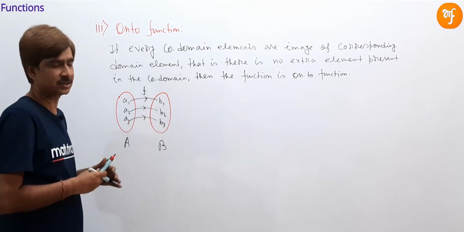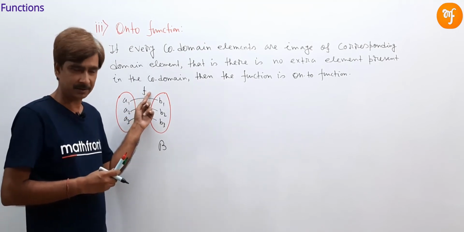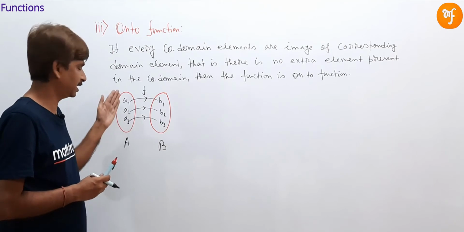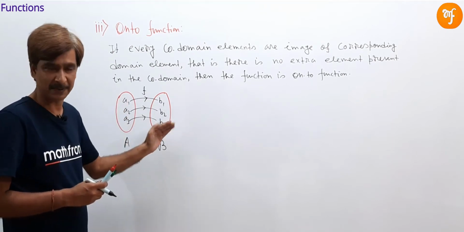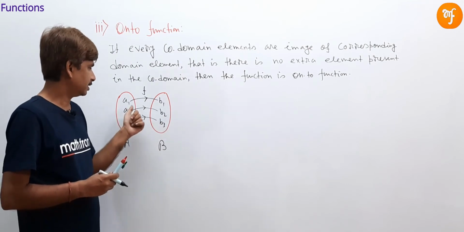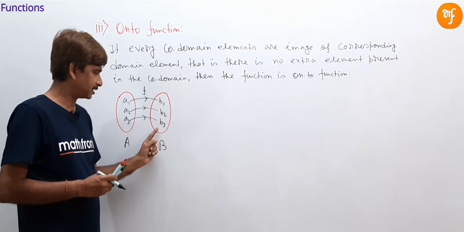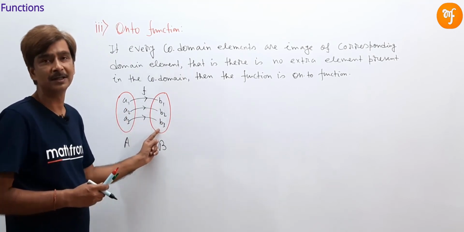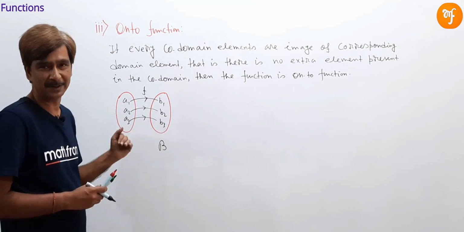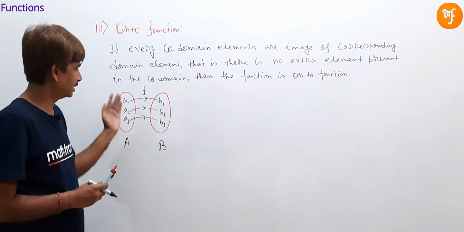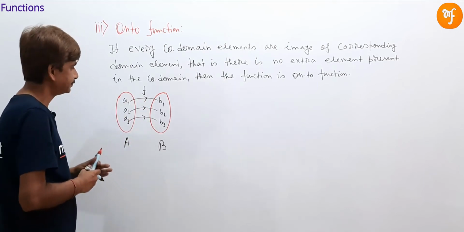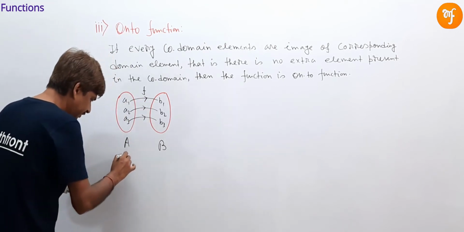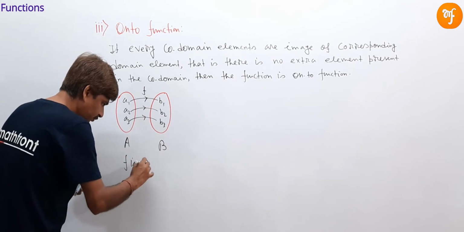Now obviously here the relation F is a function, as each and every domain element A1, A2, A3 has a unique image in set B. And look here, there is no element in set B which is not the image of a domain element. Okay, so obviously this type of function is now known as an onto function. So write down: F is an onto function here.